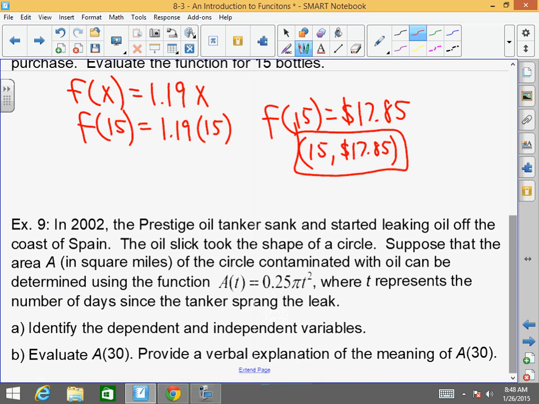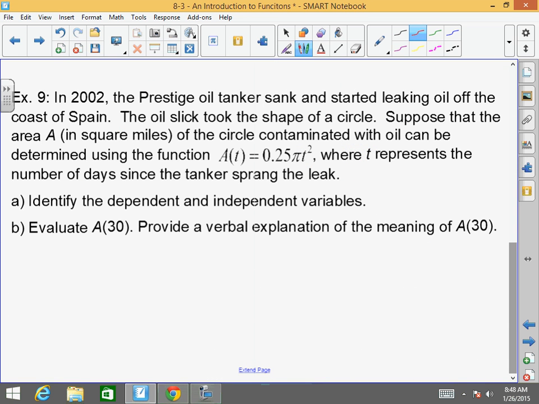And last but not least, don't get scared of a lot of words. In 2002, the Prestige oil tanker sank and started leaking oil off the coast of Spain. You remember this? When this happened? This really happened. The oil slick took a shape of a circle.